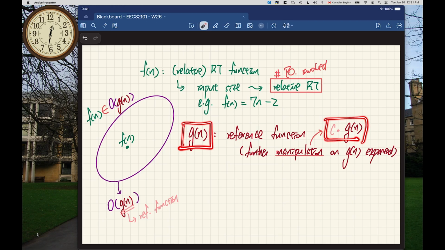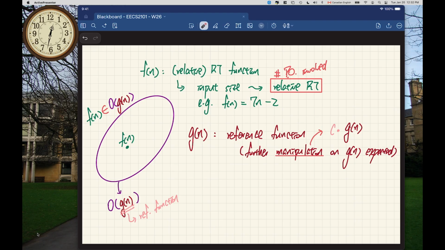Let's say g of n is simply n, and I choose c to be 9, for example. 9 times n. How do you see the difference between them visually? I'm looking for one word starting with S. Oh, slope. Brilliant. Exactly. That's what I'm looking for.